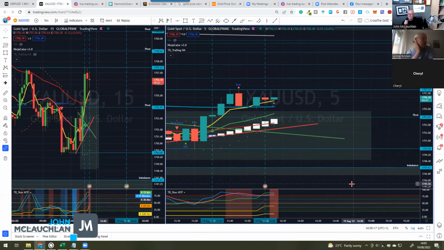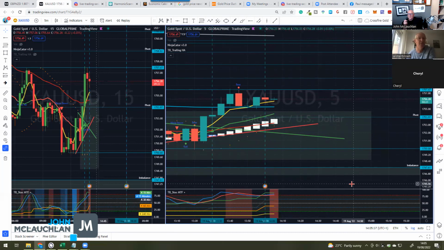The other pairs in the Crossfire, I wouldn't say have been fantastically great this afternoon. Haven't, no. The move on gold was the best, definitely.